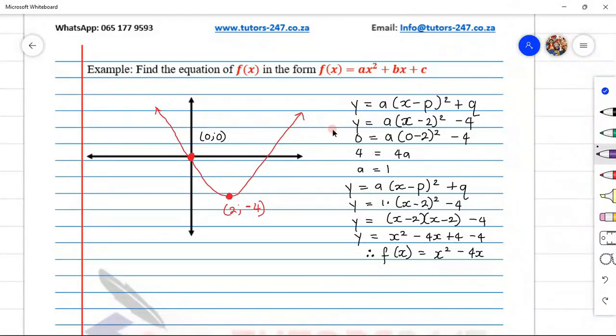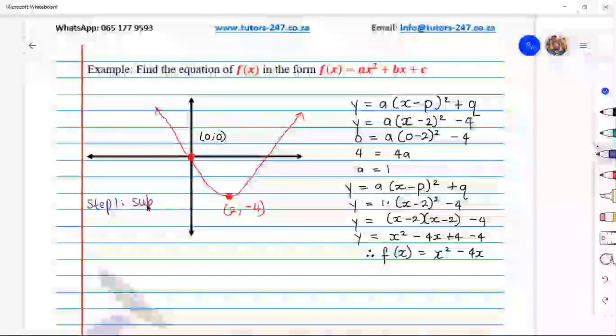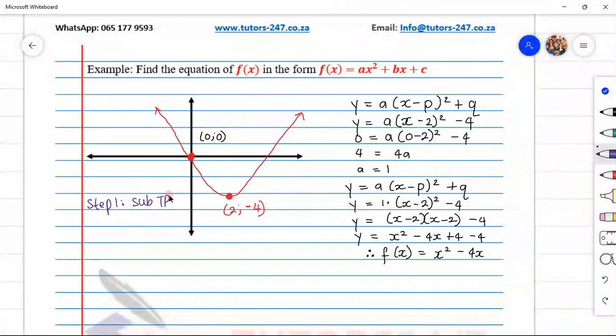So all we needed to do was step number 1, we needed to substitute our turning point. Once we've substituted our turning point, our step number 2 was to substitute our random coordinate.